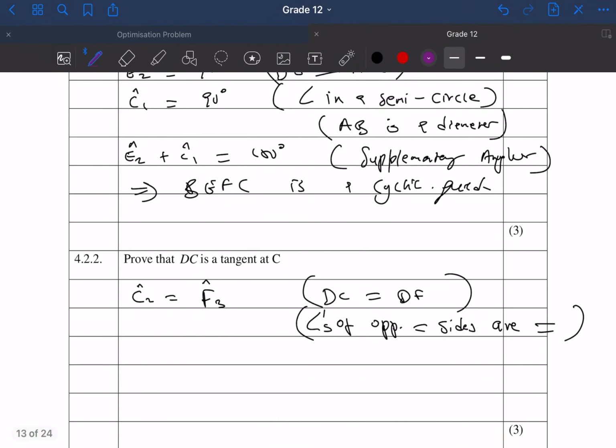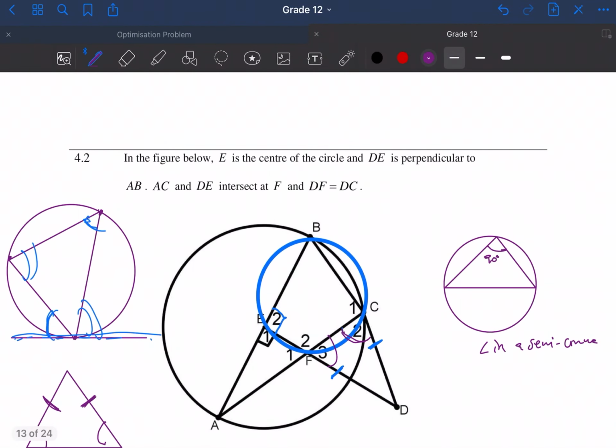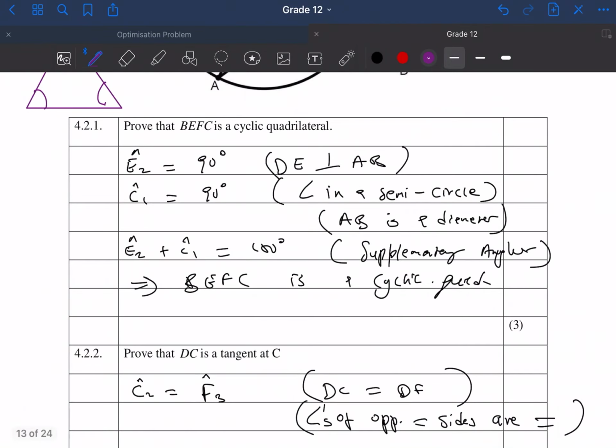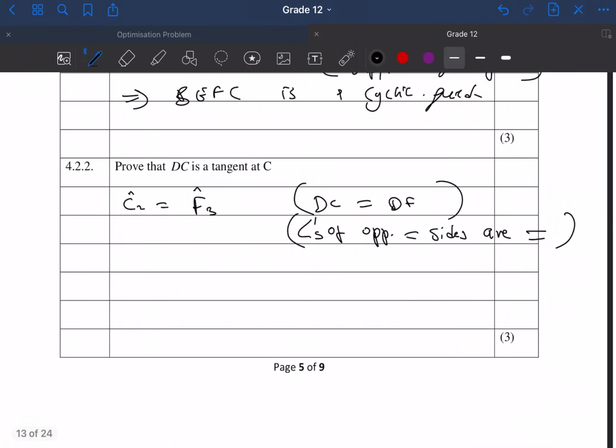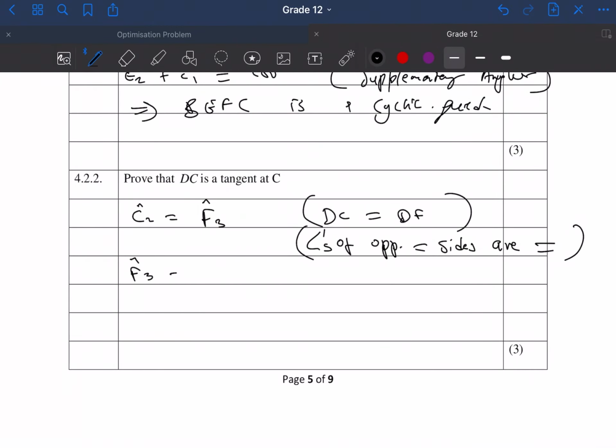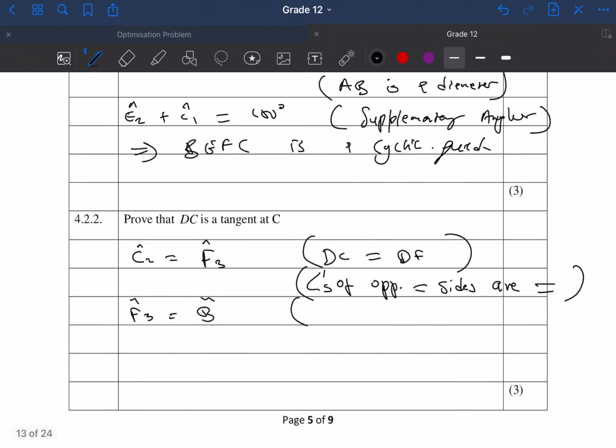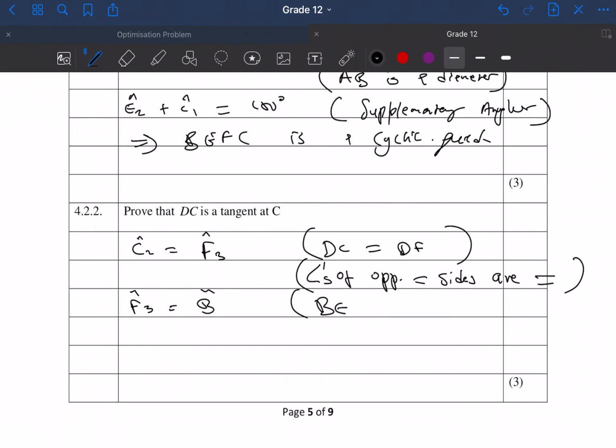So angle B is equal to angle F3 because we've proven that BEFC is a cyclic quad, right? So we can just write that down. Easy, right? So F3 is equal to angle B. Why? Because BEFC is a cyclic quad.